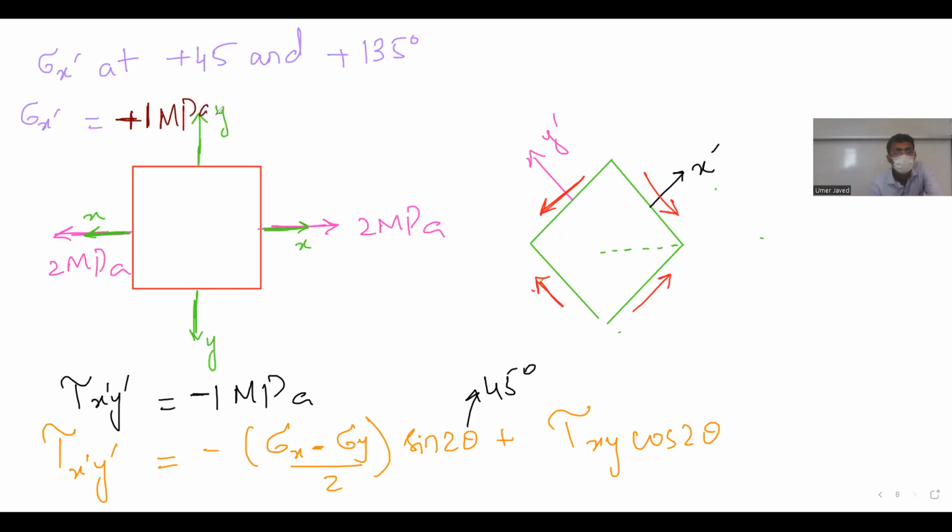And what about 135? I think it should be +1 as well. Okay, then tell me how should I draw the arrows? Nice and beautiful light blue color here.